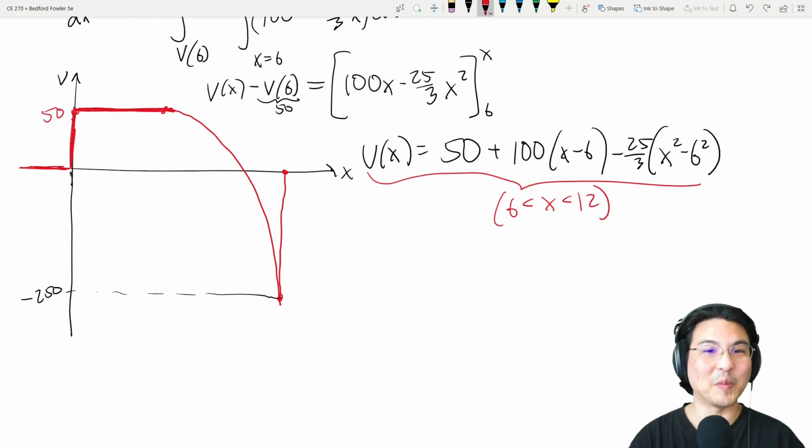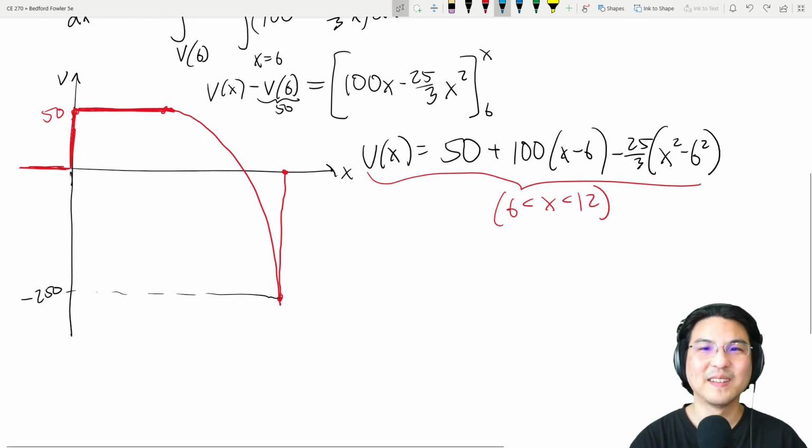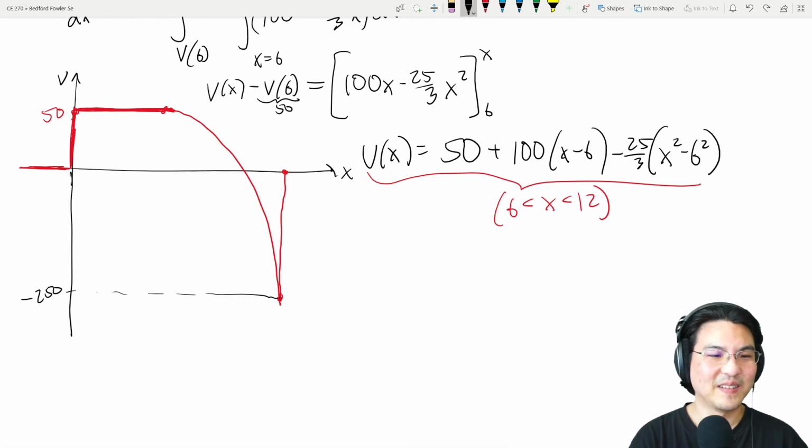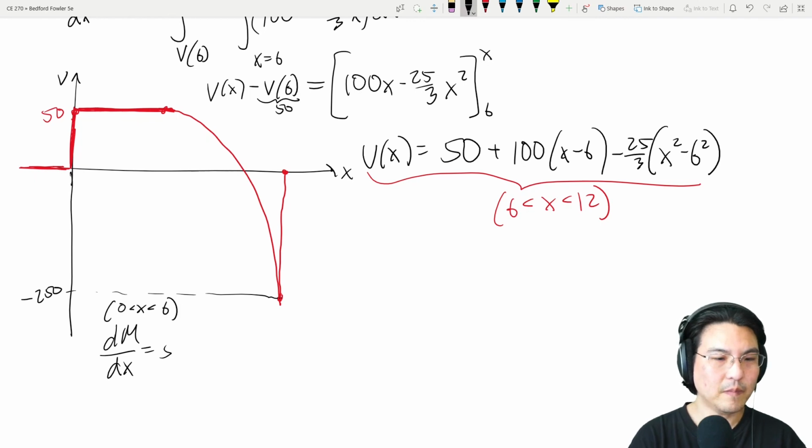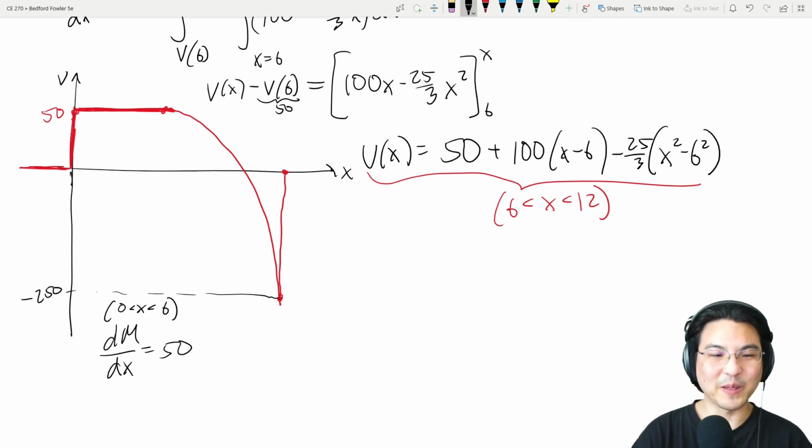Okay, how about bending moment? How do you get the bending moment? So the calculus relationship looks like this. dM/dx equals V. So from here to here, between 0 and 6, the shear is 50. Okay, so how do you solve for the bending moment?